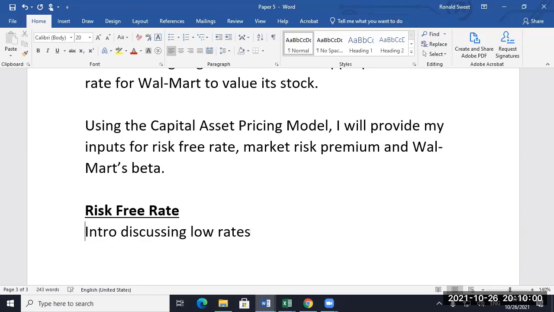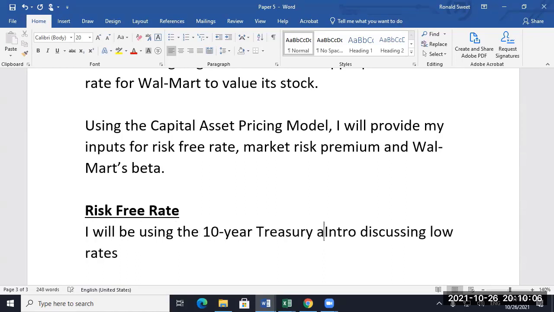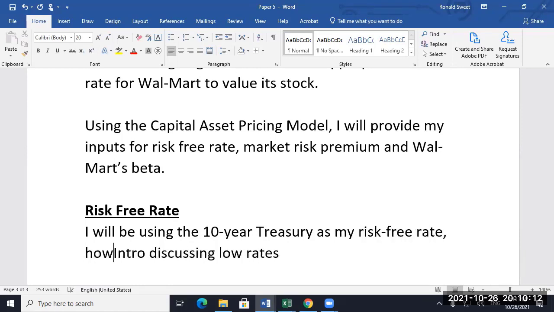You might start off with something like, I will be using the 10-year treasury as my risk-free rate. However, blah, blah, blah, right? Don't use blah, blah, blah, but something like that.